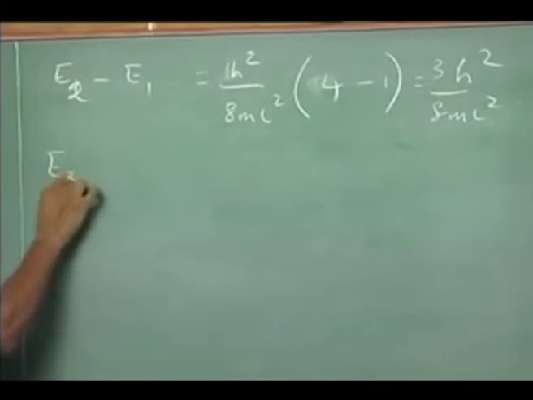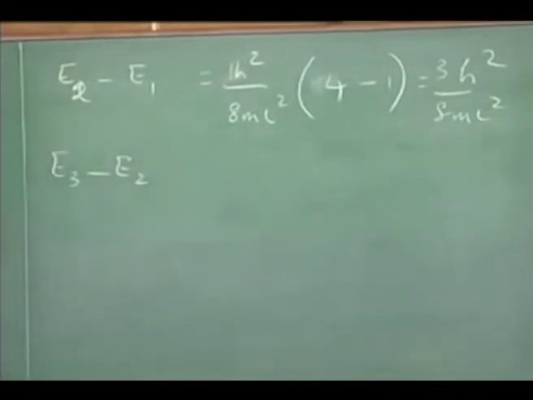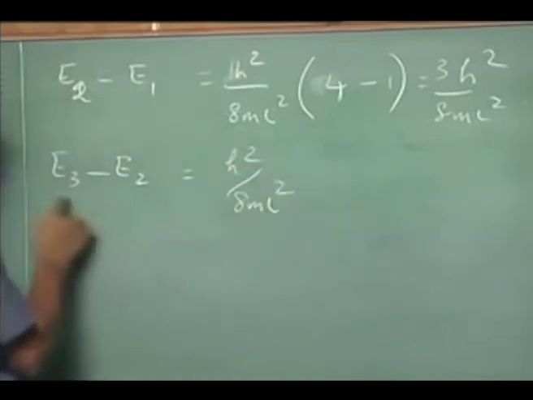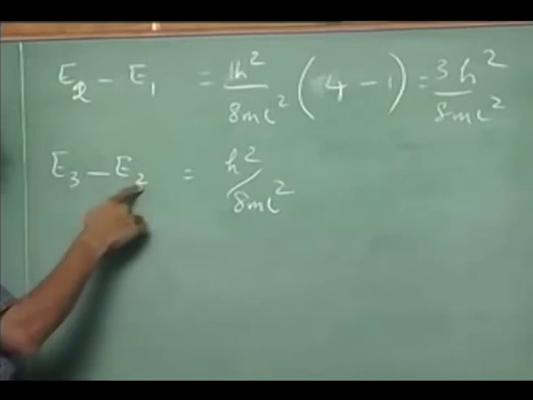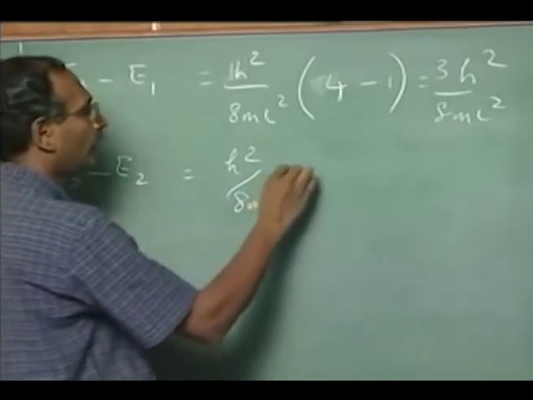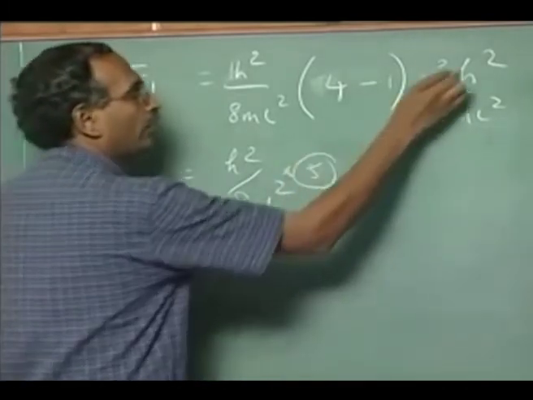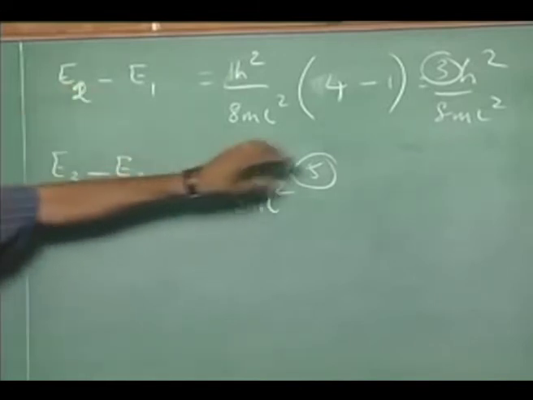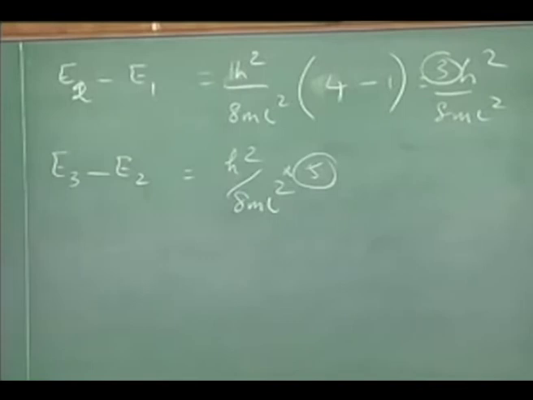And E3 minus E2, the difference between successive energy levels, was h square by 8 m L square times 9 minus 4, so 5. You see that these are not the same. Likewise when you go on calculating the difference between successive energy levels in the particle in the box, you will see that this energy gap keeps on changing.